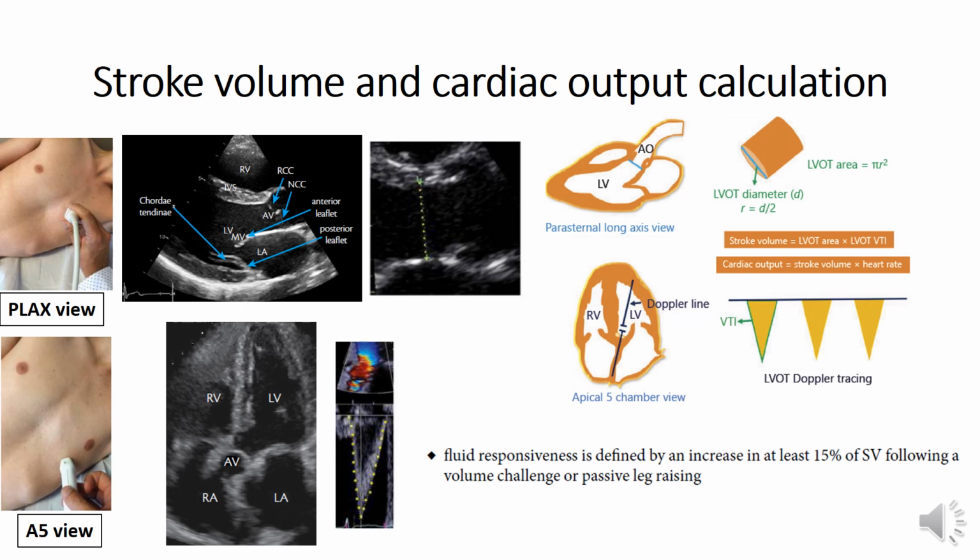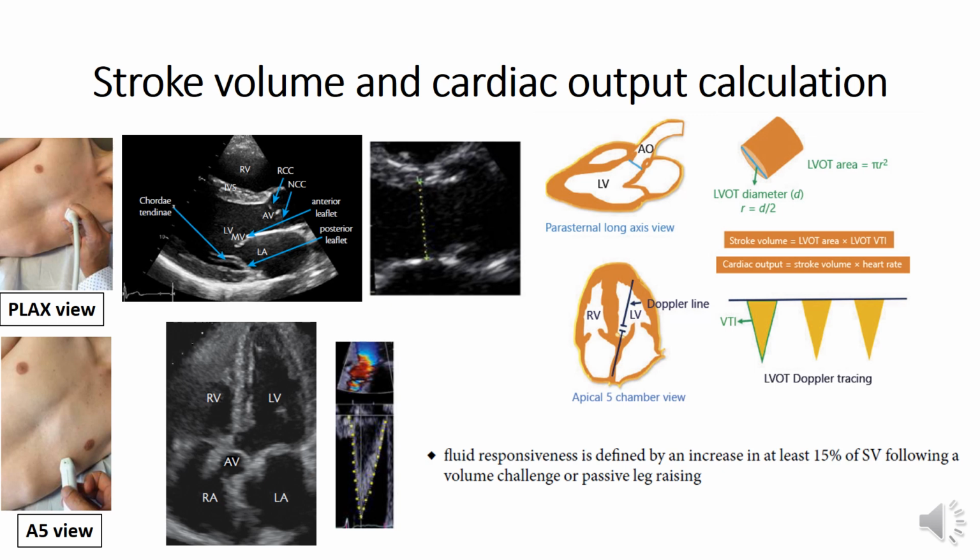Also, another implication of this measurement is if you have a patient and you don't know if this patient is dehydrated, or if this shock might respond to fluid or not, even in a cardiogenic shock patient, you can assess the response to fluid by measuring the stroke volume change with passive leg raising of the patient.